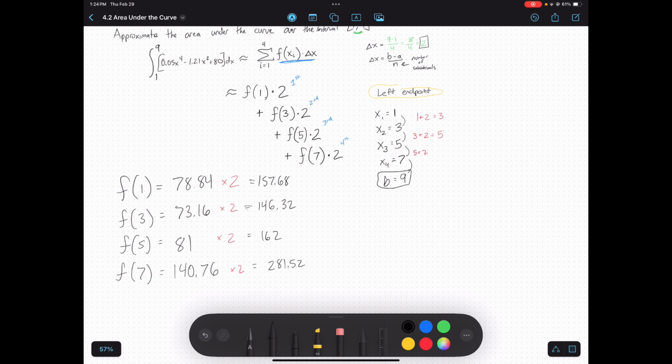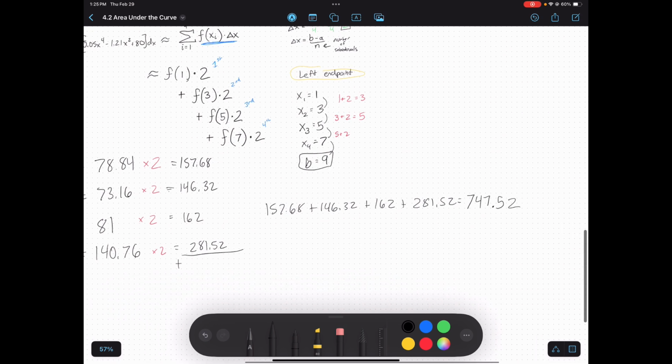And then I want to add all these things together. When I add them all together, 157.68 plus 146.32 plus 162 plus 281.52, I get 747.52. And that's my approximation for the area under the curve.